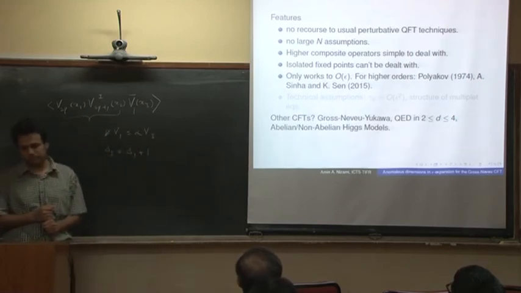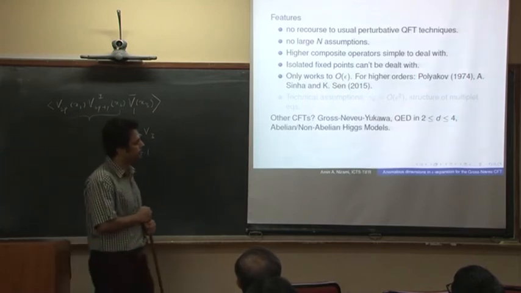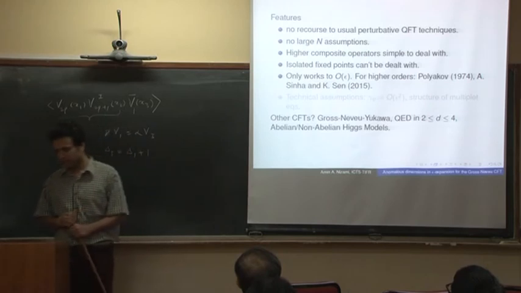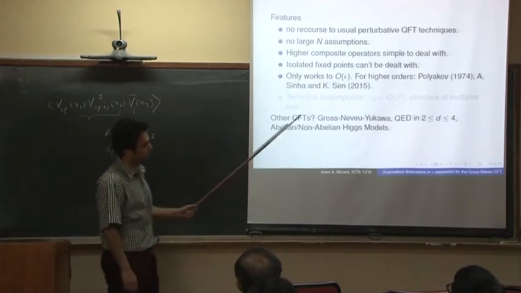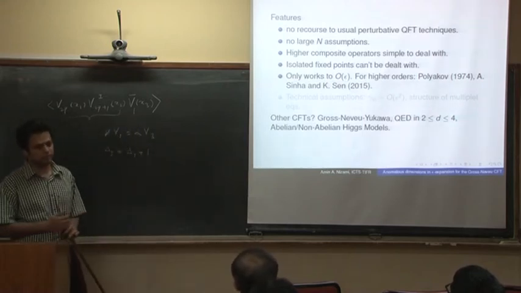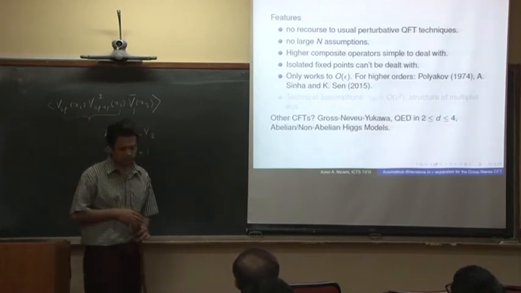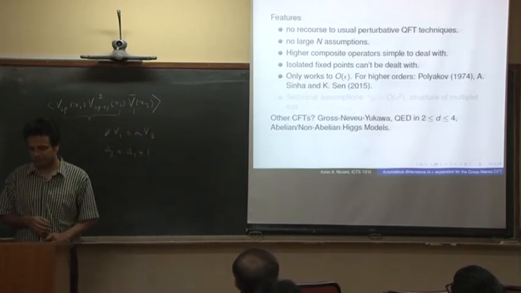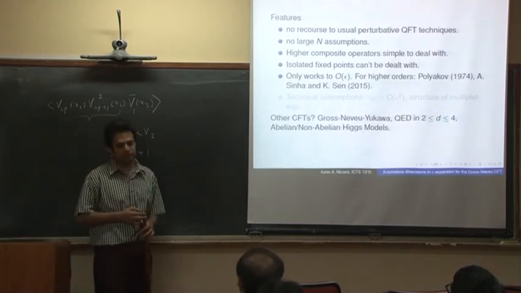There's been some recent work by Amin Nizami and others at ICTS in which they use this Polyakov approach. This is actually the classic paper, the first CFT bootstrap paper, on the Hamiltonian approach to conformal quantum field theory. There Polyakov discusses basically two representations of looking at CFT 4-point functions.